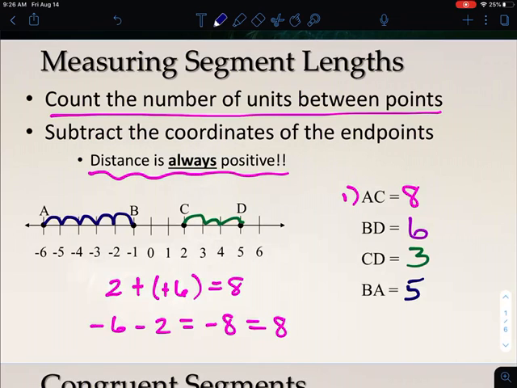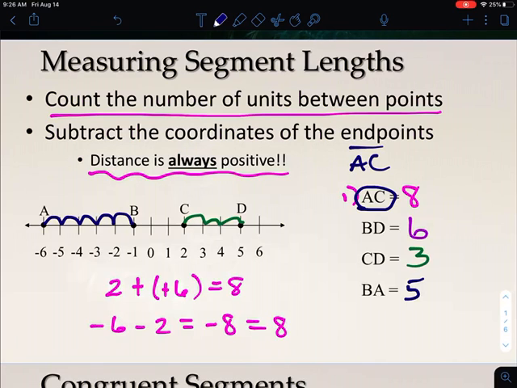Now the other thing I want to point out here, the past couple of days we've been talking about naming lines and segments and rays. When we name a line segment, line segment AC looks like this. So when I see that symbol on the top, I'm talking about the actual physical line segment, so the actual piece of the line. But notice down here, there's no symbol on AC.